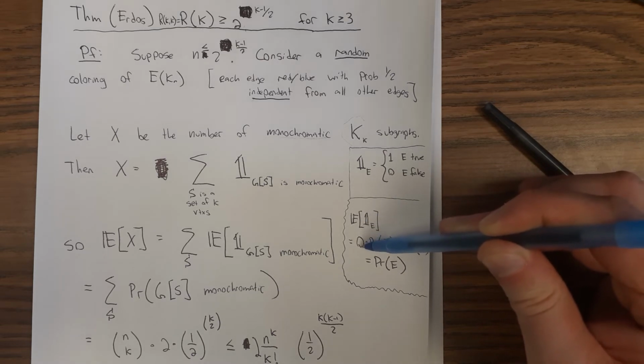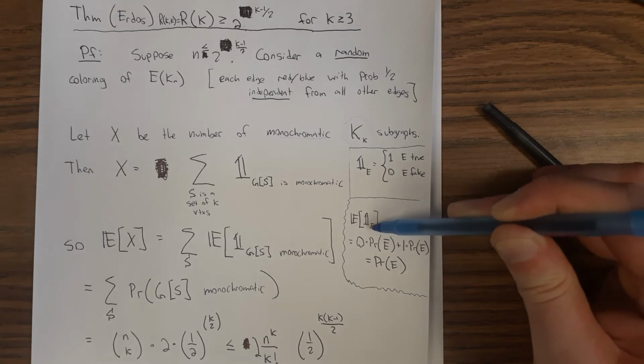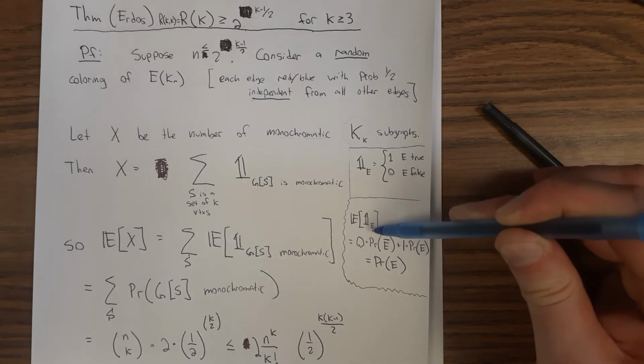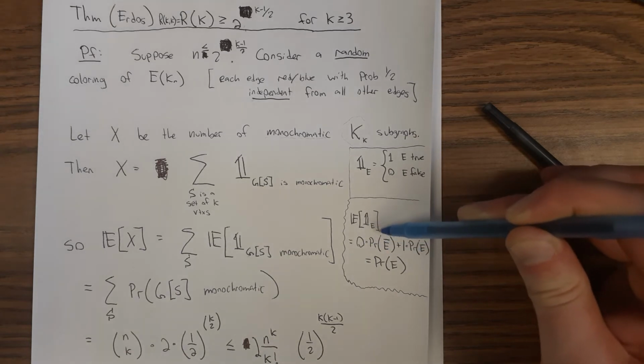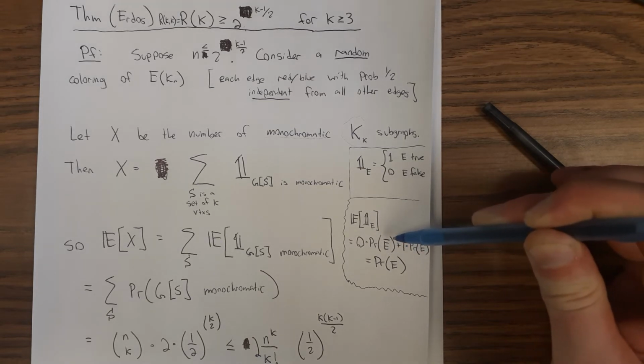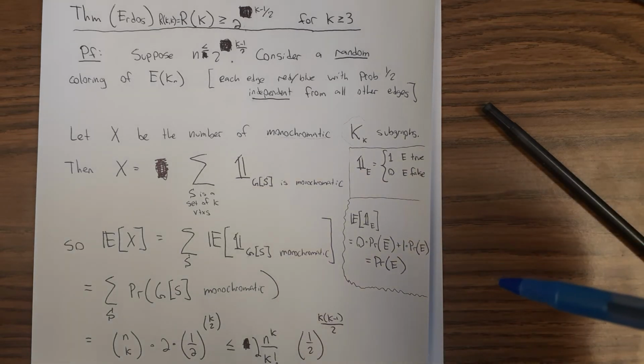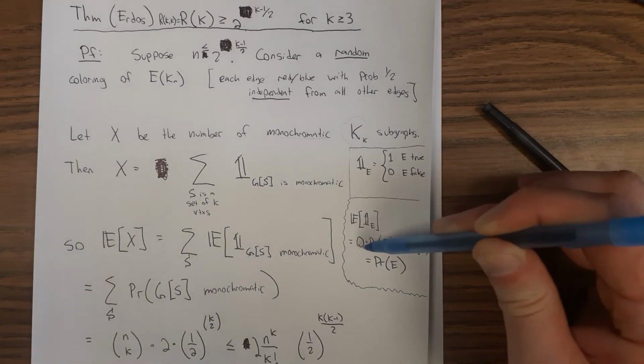Let's look at all the times that it's 0. It's 0 with this probability, that's just the probability that E doesn't happen. An indicator variable returns 0 whenever the subscript is not true. The bar over it is the complement. Of course, none of that matters because it's times 0.